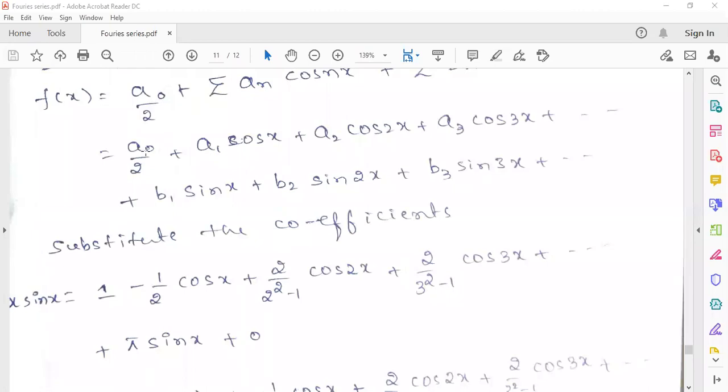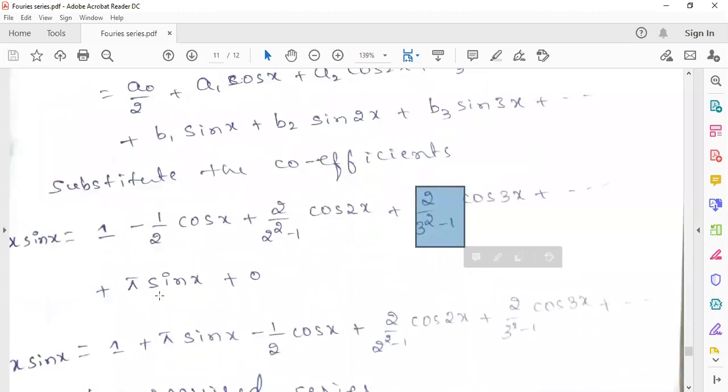Actually the A0 value we got is minus 2, so a0 by 2 will become minus 1. Just check once and continue. A1 is minus 1 by 2 cos x, and for the remaining values you just put n equals, then you will get the A2 value, which will become 2 by 2 square minus 1, and A3 will be 2 by 3 square minus 1, and so on.